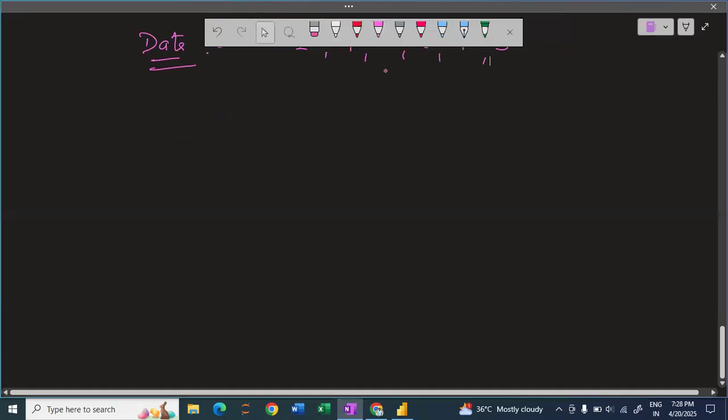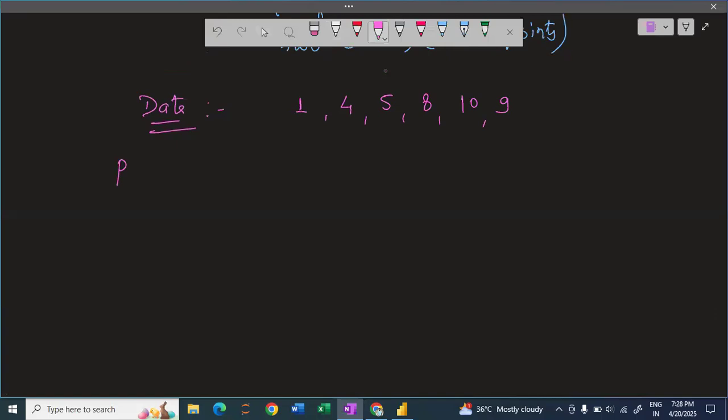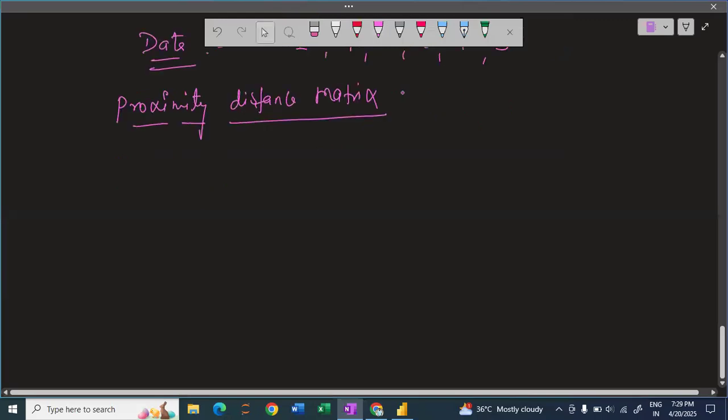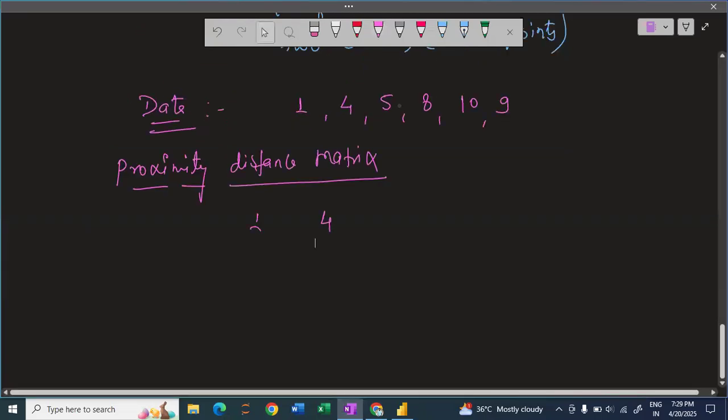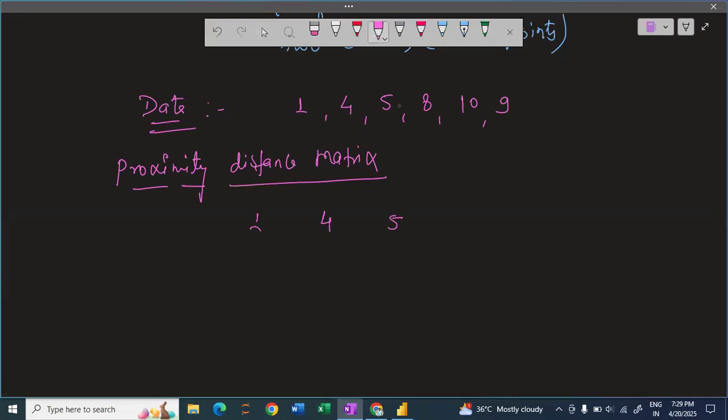So it makes the proximity distance matrix; it follows the proximity distance matrix formula. Now how is it created? First of all, I will create a matrix. I will write the data points: 1, then 4, then 5, then 8, then 10, then 9.